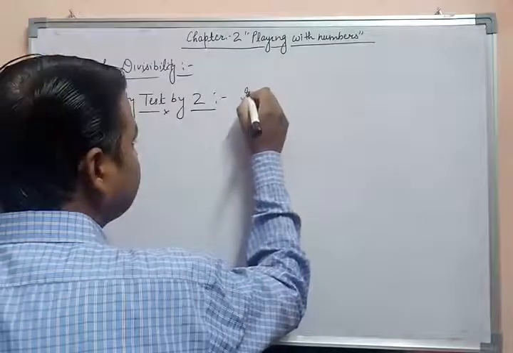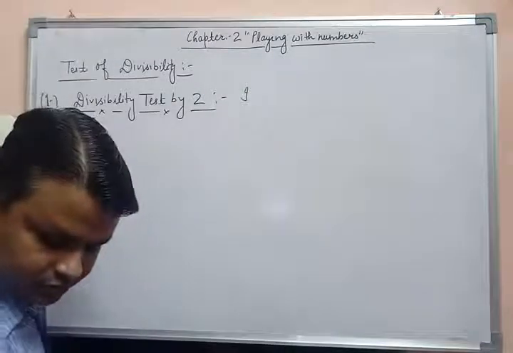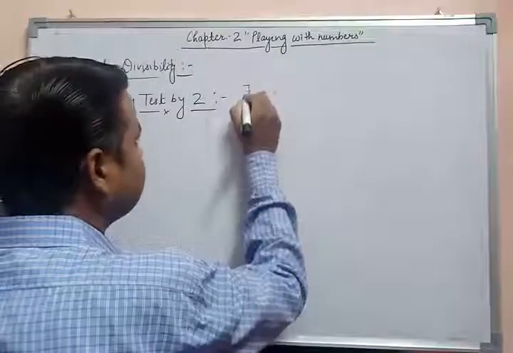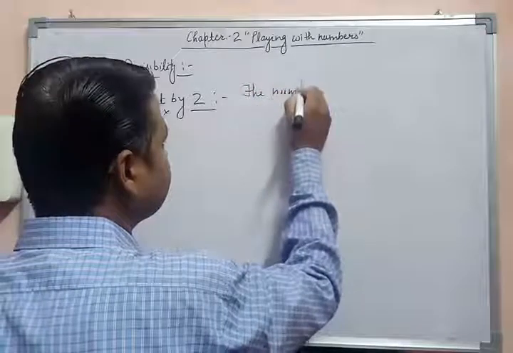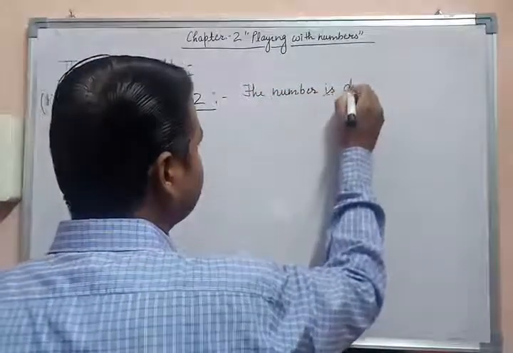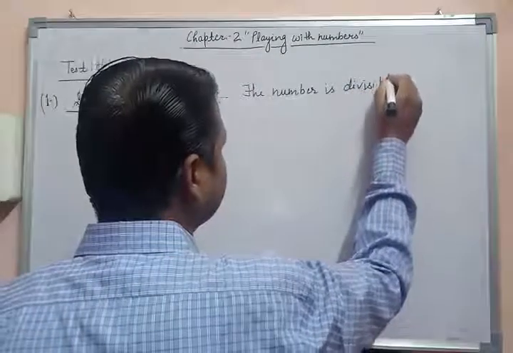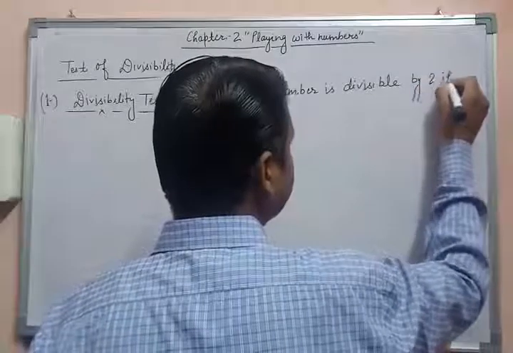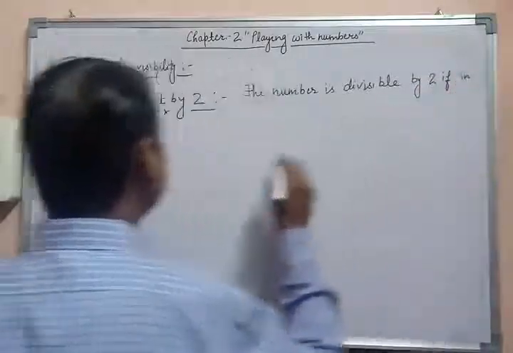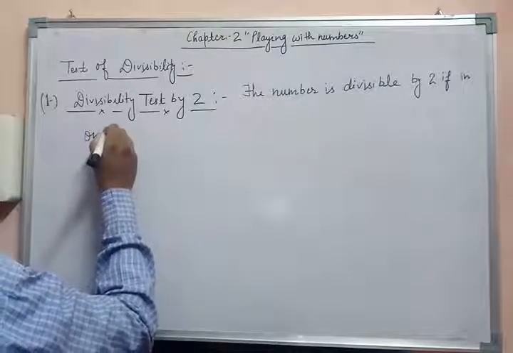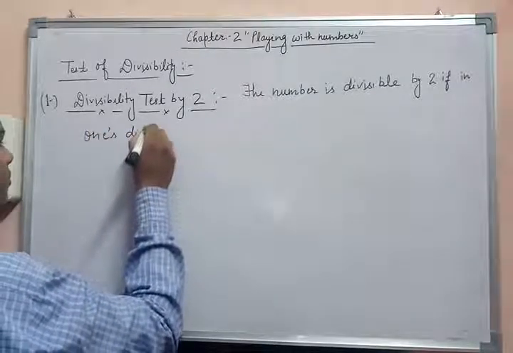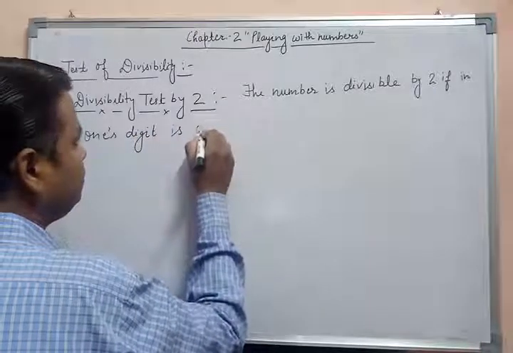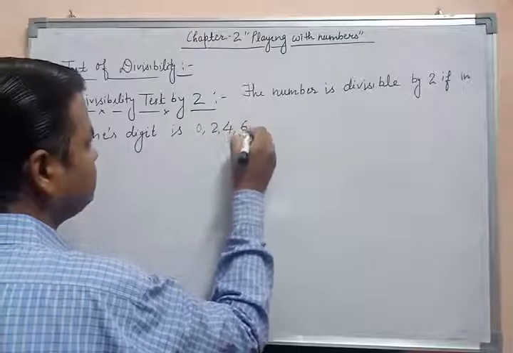A number is divisible by 2 if its one's digit is 0, 2, 4, 6, 8.